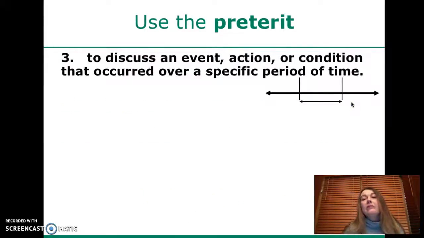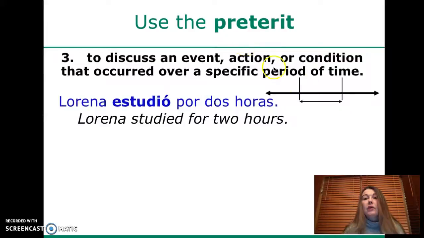To discuss an event, action, or condition that occurred over a specific period of time. Okay, so we've got these little timelines, these visuals, and hopefully they will help you a little bit. Okay, so Lorena estudió por 2 horas, right? She studied for 2 hours. That's a duration of time. It was a specific period of time that something happened.